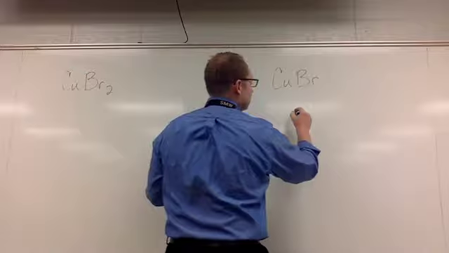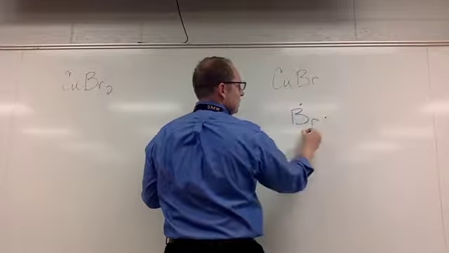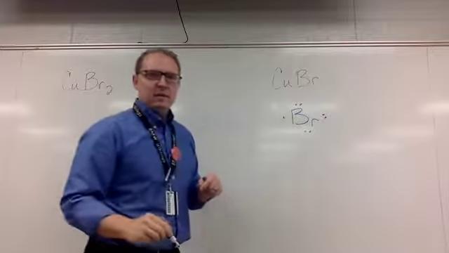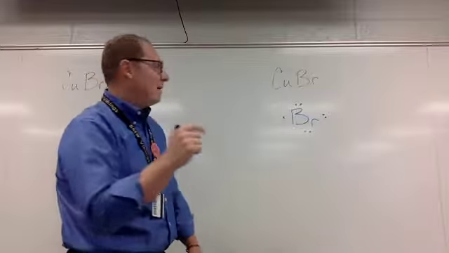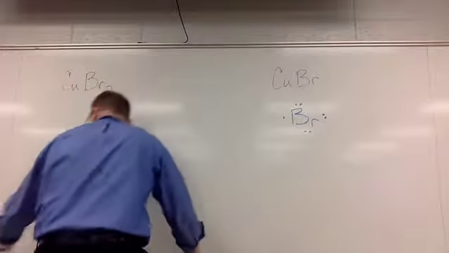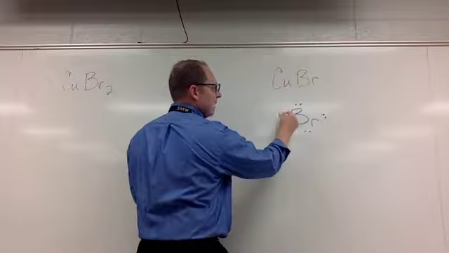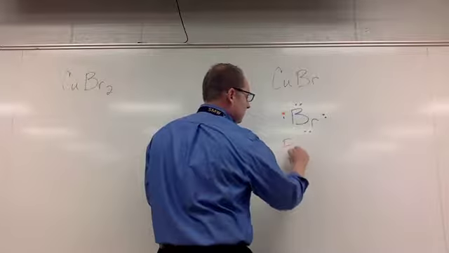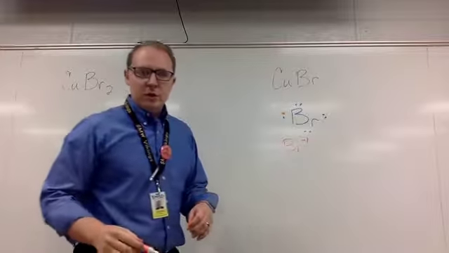In both cases, bromine, when it has 1, 2, 3, 4, 5, 6, 7 valence electrons, wants to gain 1 more. If it gets 1 more electron from copper that it didn't have before, bromine becomes a bromide ion with a -1 charge.